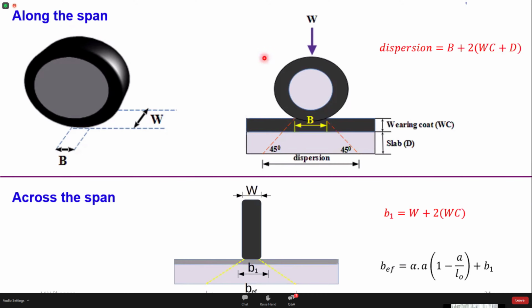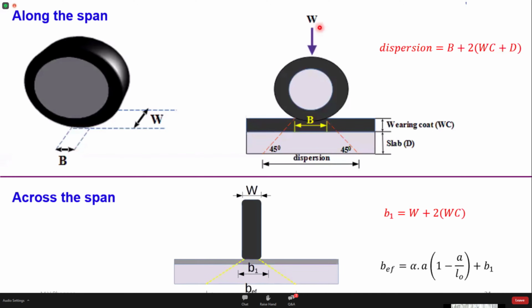So let's try to understand what we mean by dispersion of load along the span. Let's consider a deck slab. We see that the deck slab consists of a top wearing coat and the bottom structural slab.